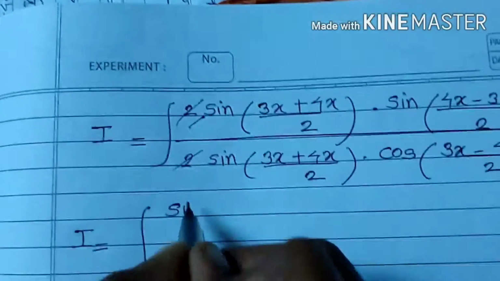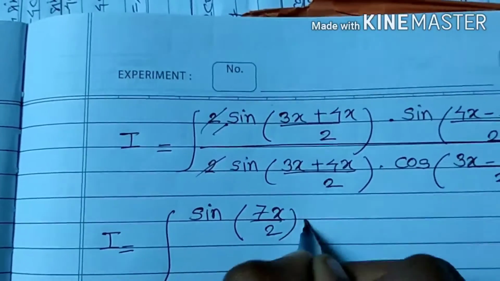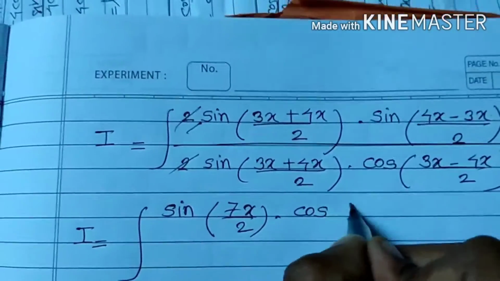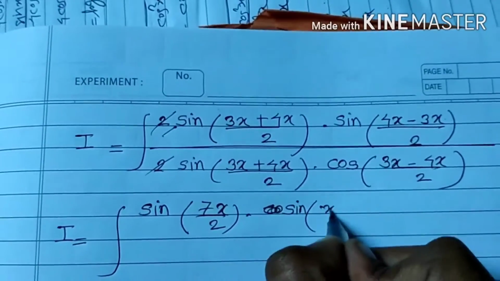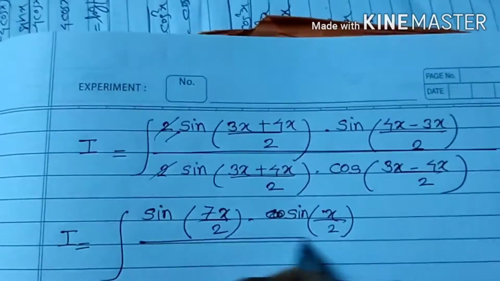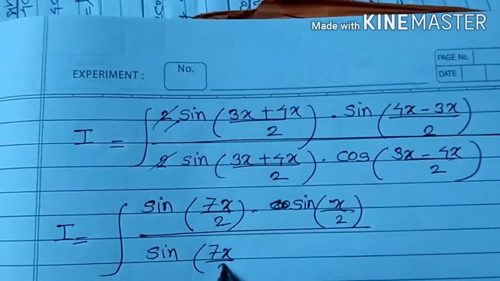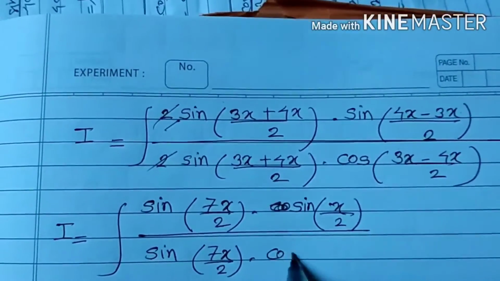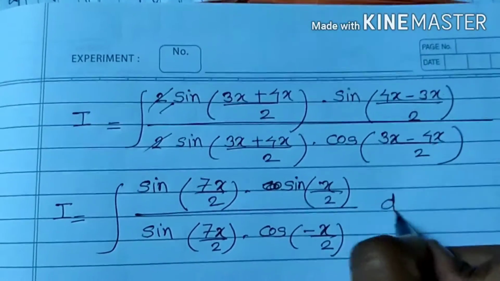So here sin 7x/2 into sin x/2 upon, here is also sin 7x/2 into cos of minus x/2 dx.